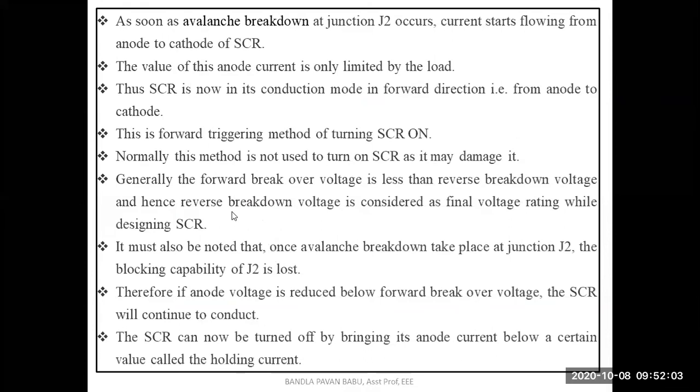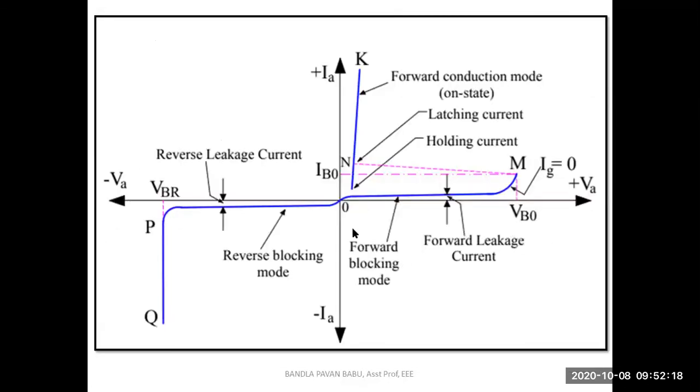Generally the forward breakover voltage is less than the reverse breakdown voltage, and hence the reverse breakdown voltage is considered as the final voltage rating while designing the SCR. This is not that important, but anyhow it is mentioned. So VB naught will be less than VBR, and VBR will be considered as the final breakdown voltage for designing.